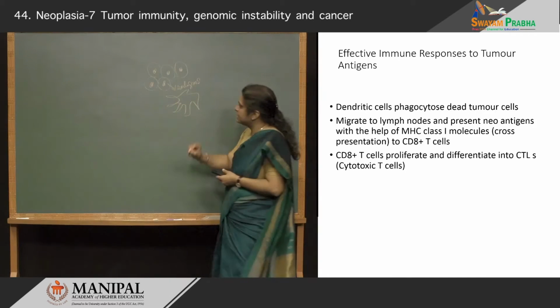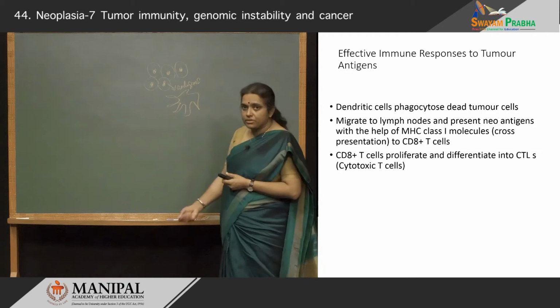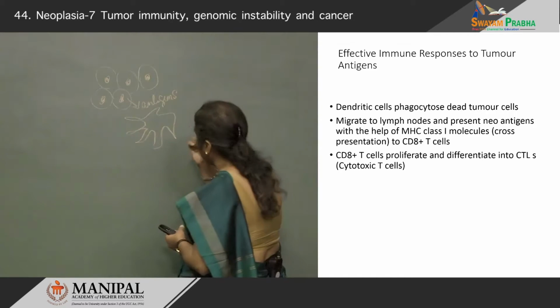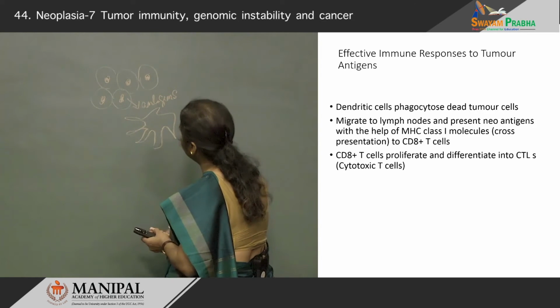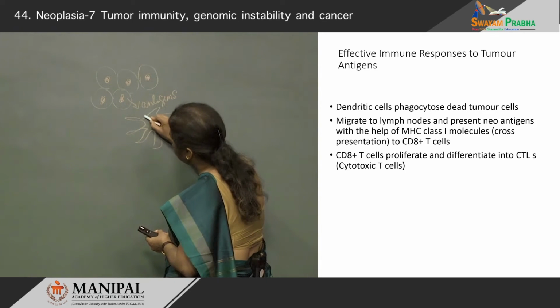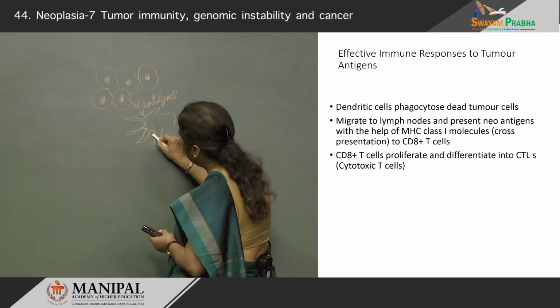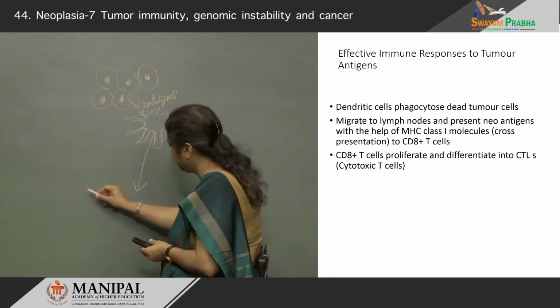Now, these dendritic cells are very special cells. They are antigen presenting cells present throughout the body. They have highly specialized functions, and with the help of MHC class I, they recognize and internalize these antigens and take them to the regional lymph nodes.